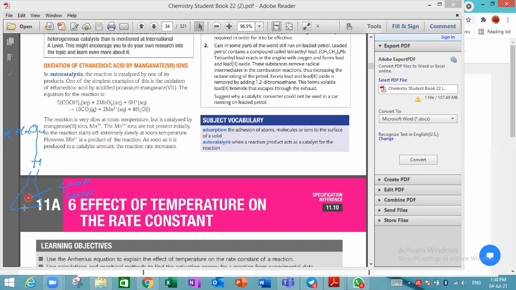The end point is when a pink color is formed in our solution.